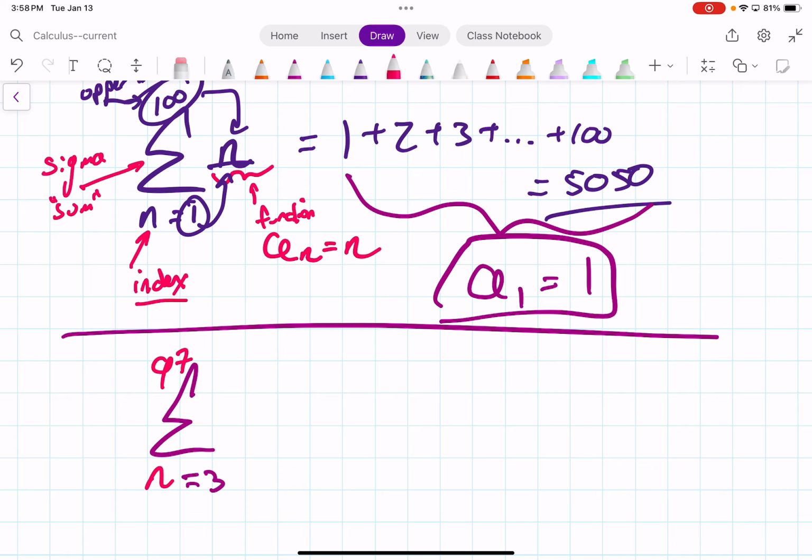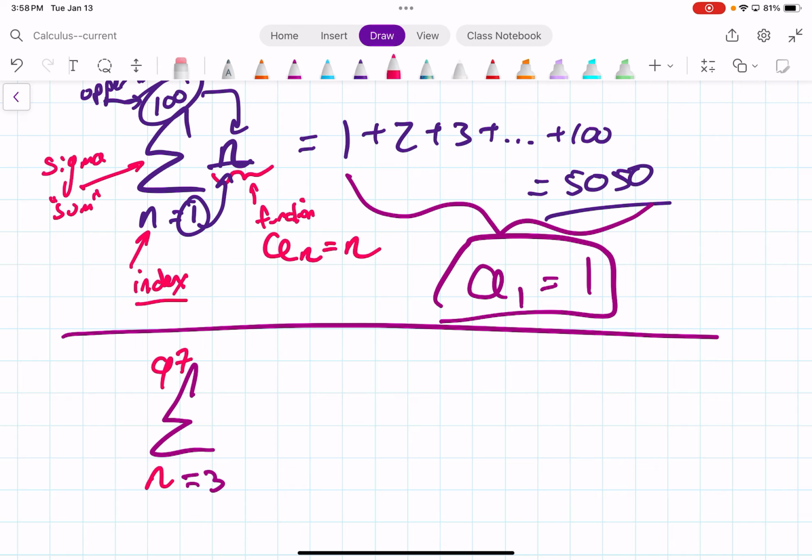Yeah. So, let's say I put in here again. So if I ask you, what is a sub 1? It's going to be whatever that first value is that gets substituted in. So this first value of 3, that is now a sub 1. So it's the first number in the list that we're adding.